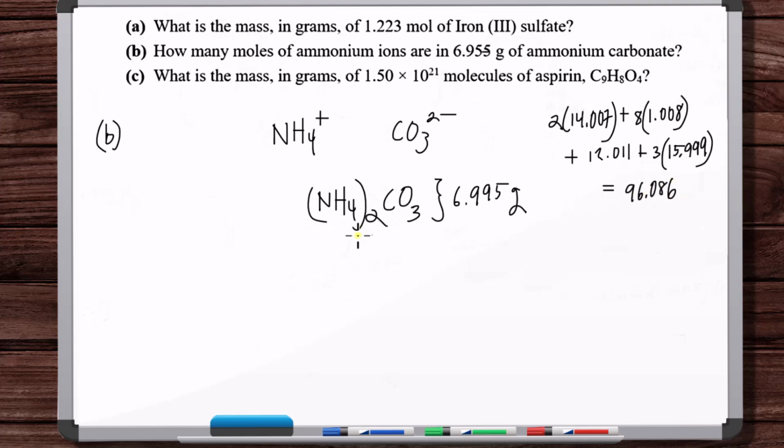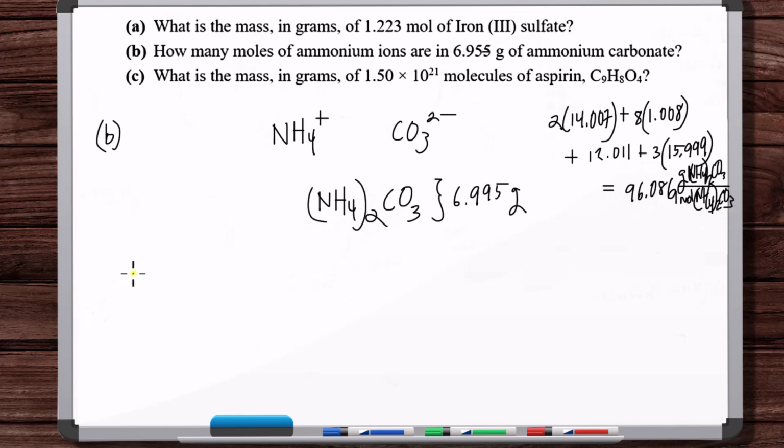Okay, now this is the formula weight of (NH4)2CO3, but we know that this also corresponds to the molar mass. 96.086 grams of (NH4)2CO3 for every 1 mole of (NH4)2CO3.